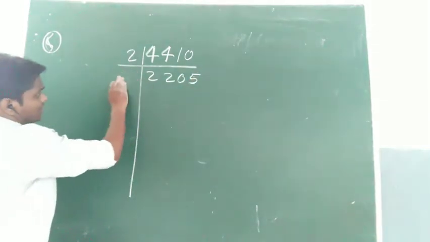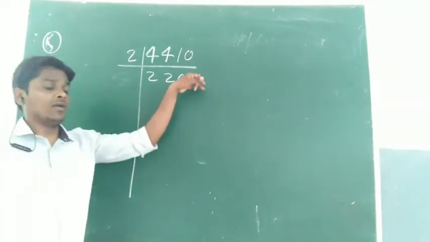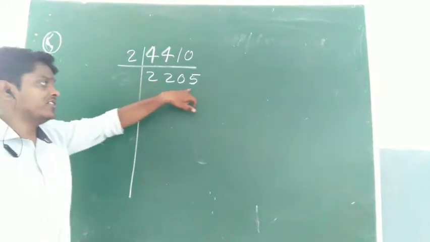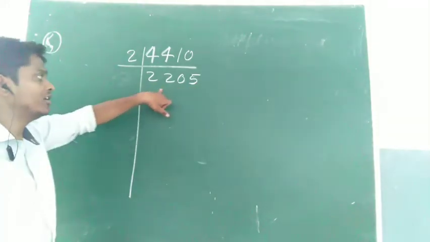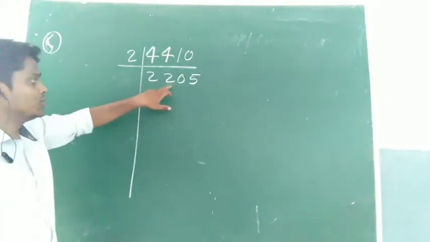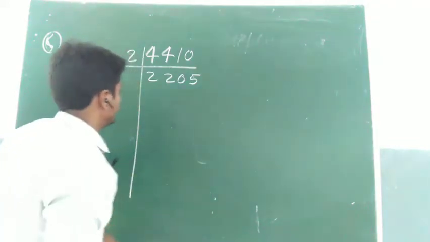After that, again see the divisibility condition for 2: the last digit must be even, but it is not, so we move to 3. The divisibility condition for 3 is that the sum of all digits should be divisible by 3. 2 plus 2 plus 0 plus 5 is 9. 9 is divisible by 3, so this whole number is divisible by 3.